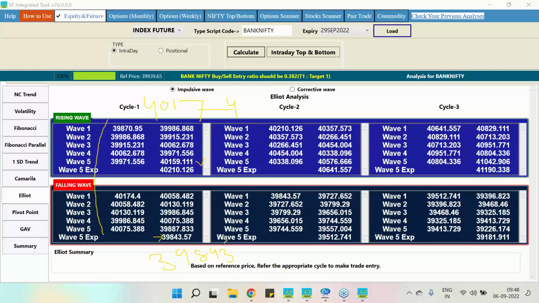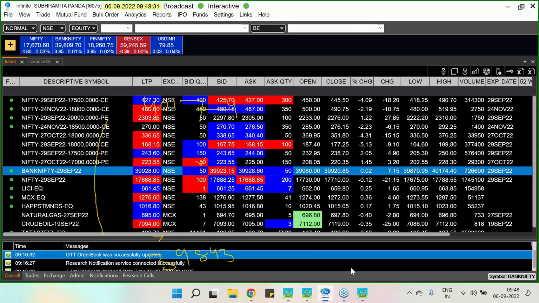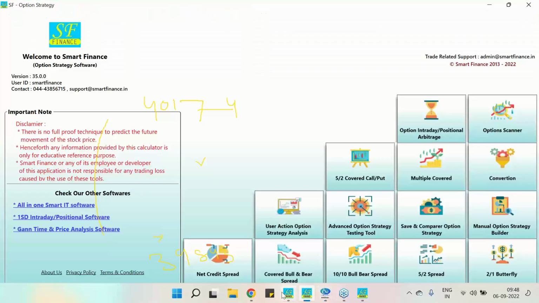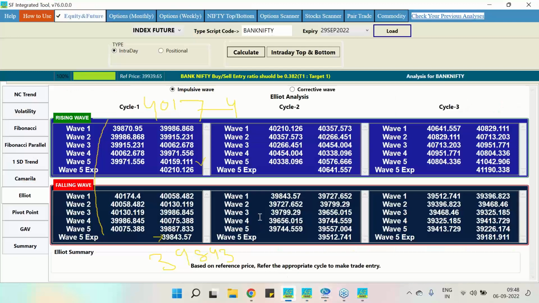So it is easy to identify. Now what happens today, for the remaining part of the day, it will follow the impulsive pattern. How should I enter? Saurabh ji is telling 39,871, not 41,871.